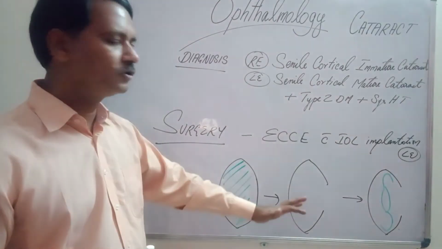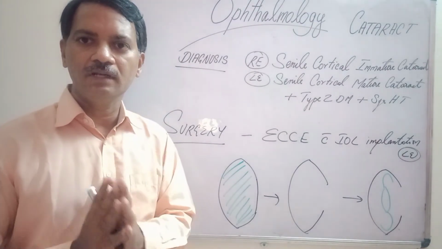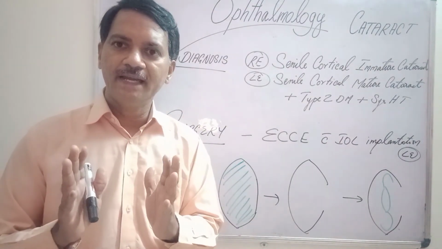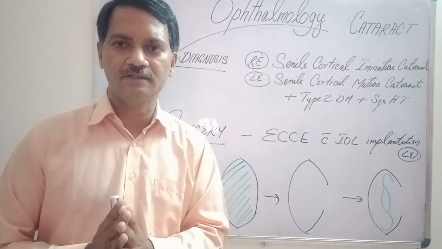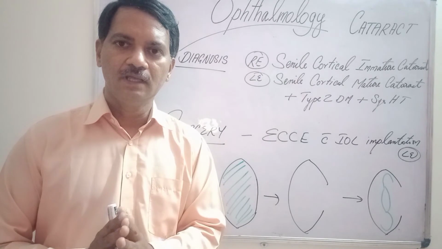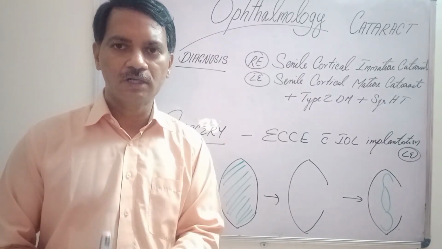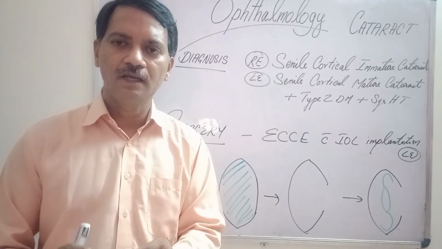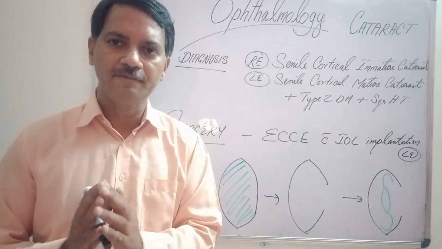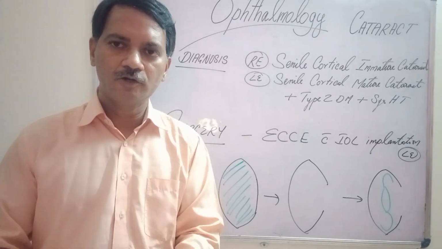Next, we have to calculate the power of the IOL, and with this we have to get the consent of the patient. Any procedure you are going to do in the patient, the consent has to be got. In this patient, we should get a consent that you are having so and so problem in the eye, and I am going to operate on the eye.